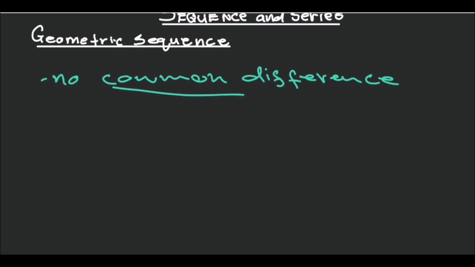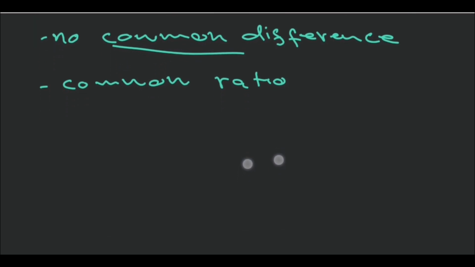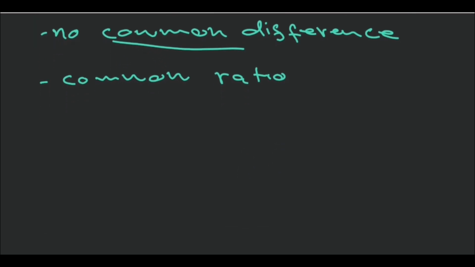Instead, what it has is a common or constant ratio, right? So what this means is, as in the previous two topics that we covered, when we wanted to get from T1 to T2 or from T2 to T3, what we did was add or subtract the difference.